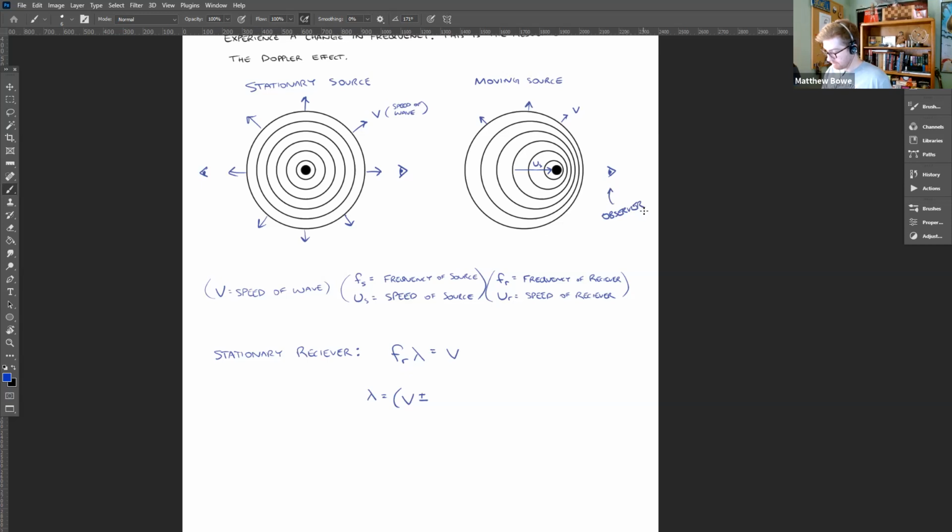An observer on this side will have a different experience from an observer on this side over here. So I guess I could also put receiver.